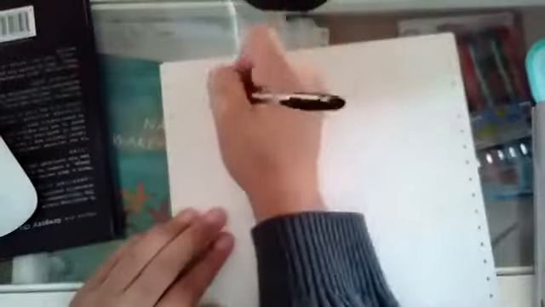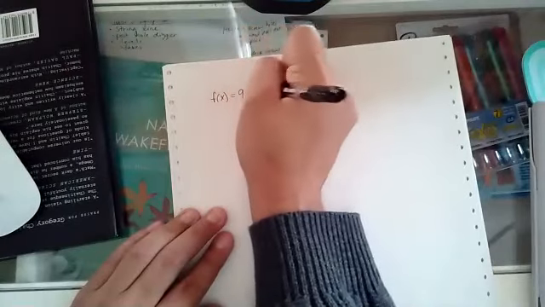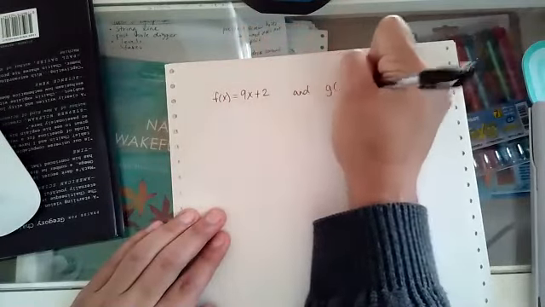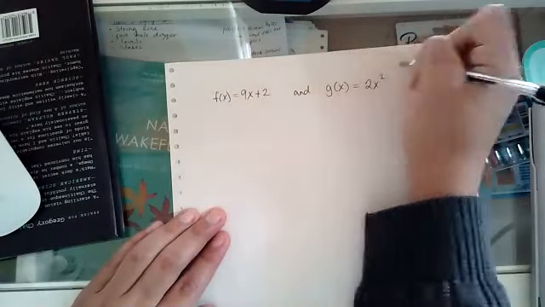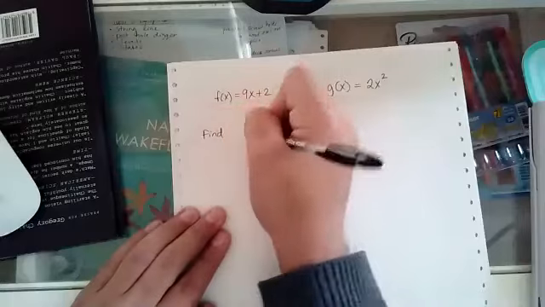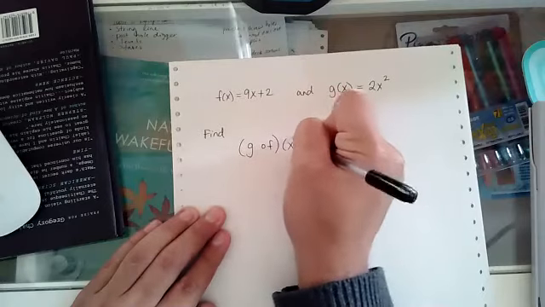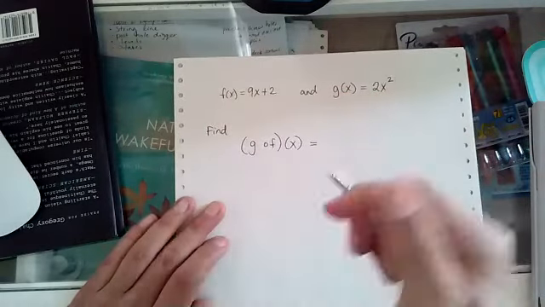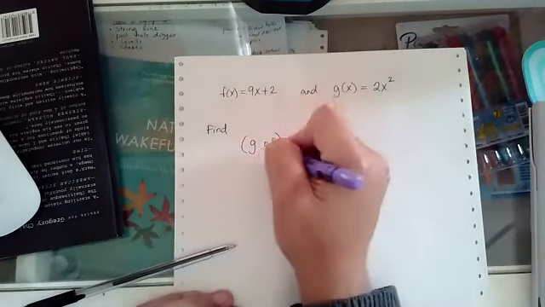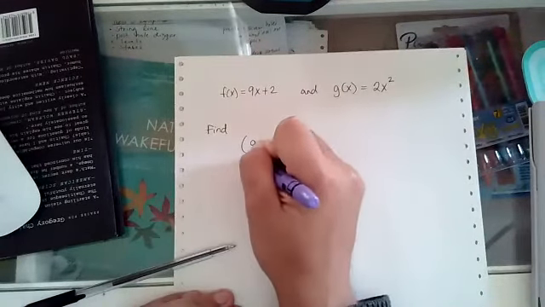Let's change the order so that we're still working with the same two functions. f of x is equal to 9x plus 2, and g of x is equal to 2x squared. But this time we're going to be asked to find g composed with f of x. In this case, we're taking the first function and plugging it into the second function. So we're taking g, we're going to open that up, and the input we're going to plug in is whatever the function f of x is.